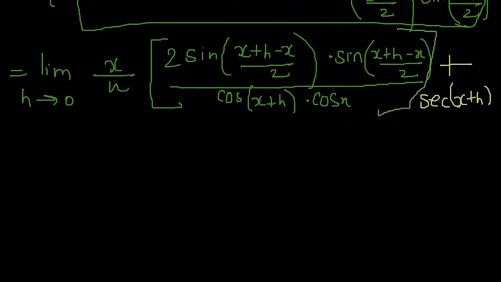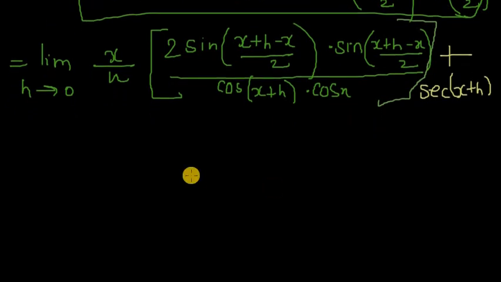This kind of simplification is similar to the question number 3 we did just now. This is limit h tending to 0, stay focused, x cancelled.